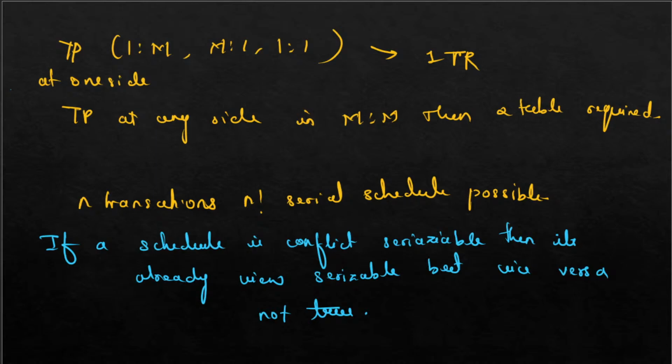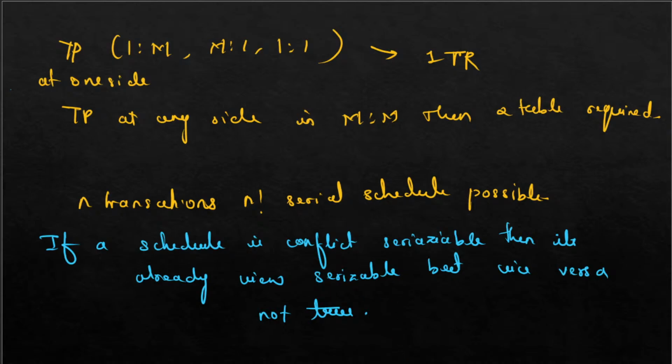Okay, so what are the problems due to concurrent execution? Read-write problem, uncommitted read, dirty read, unrepeatable read problem, lost update problem, phantom tuple problem. Okay, so these are all the things.